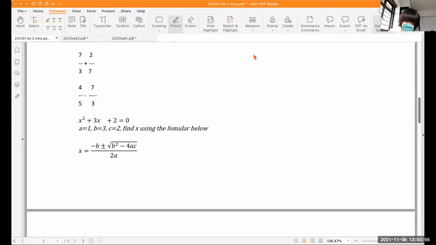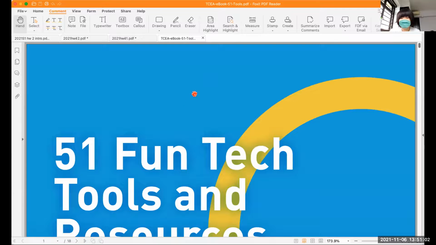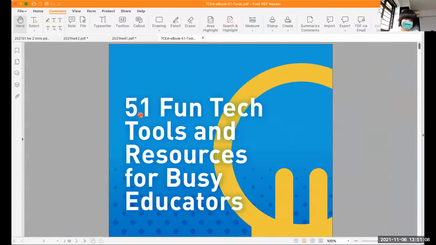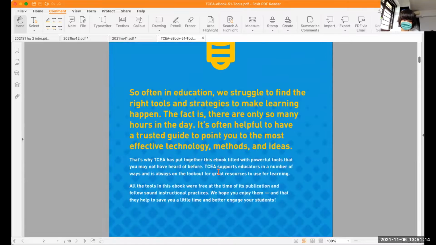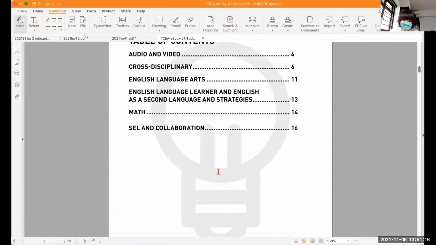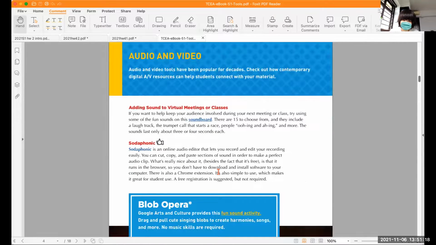Actually, I have added one more thing in your folder that I'm sharing with you. In fact, you have seen this? Yeah, 51 fun tech tools. You have seen it? Okay, good. So these are very, very interesting tools you can make use of.